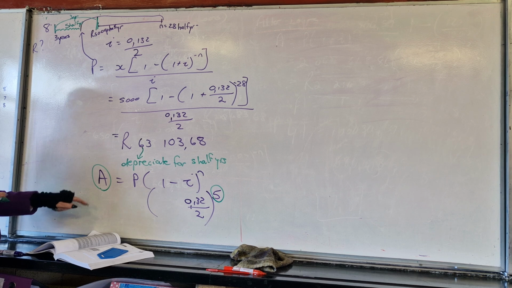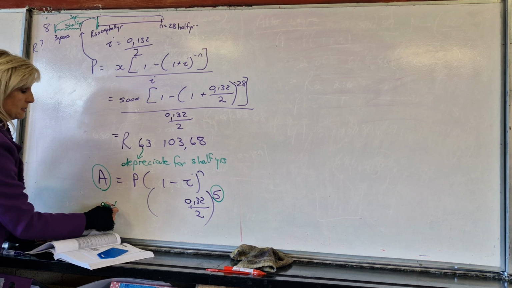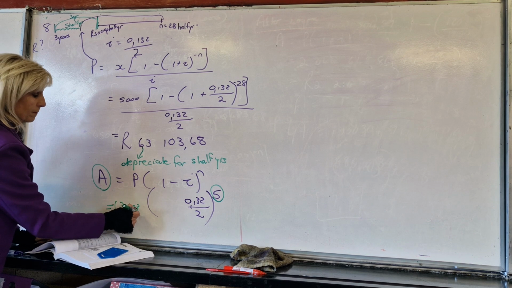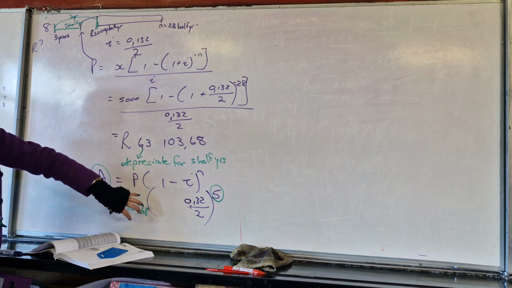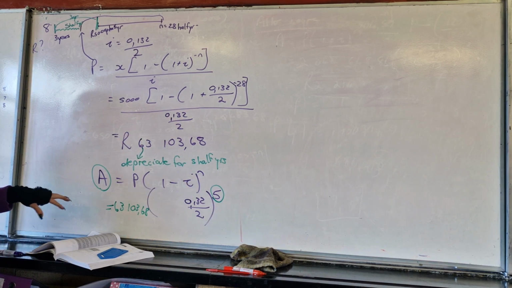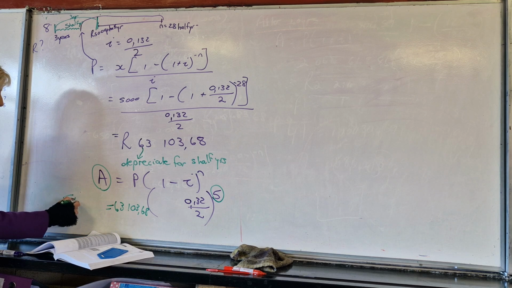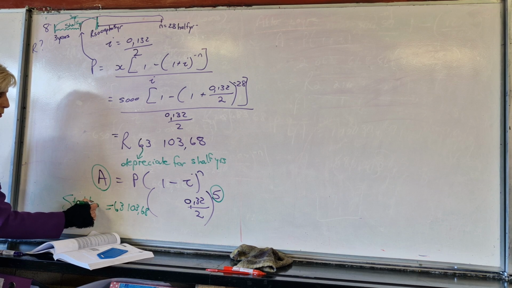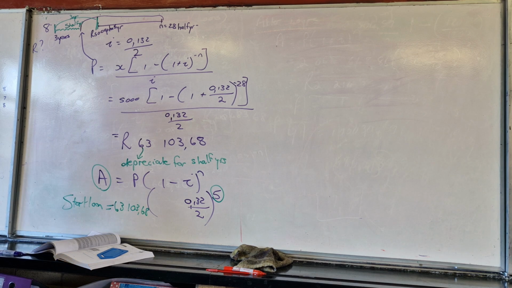Are you with me? I'm taking the 63,000 and this will be depreciated to get me this amount, which was A, her starting amount, the start of the loan. If you want to just explain it to yourself a little bit better.